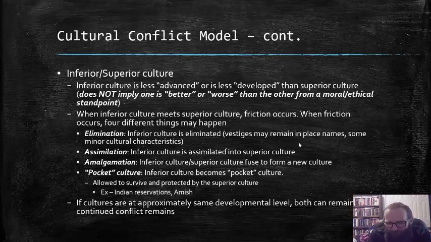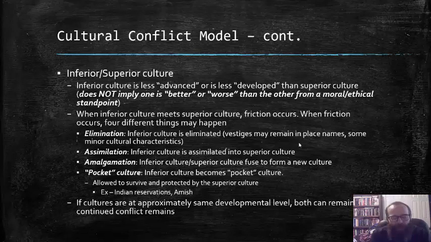Now, for the real nitty-gritty, the nuts and bolts of the cultural conflict model. It's encompassed in this idea of the conflict between what we term inferior and superior cultures. Inferior culture is generally less advanced or less developed than superior culture.